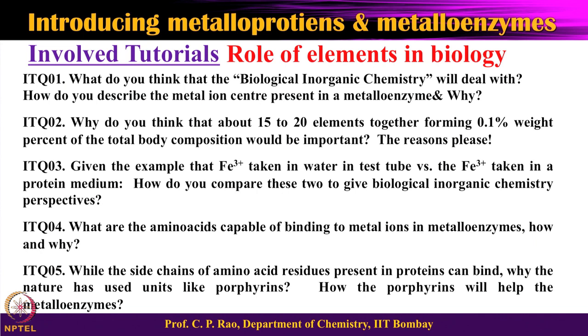Then over a period of time this will become an insoluble precipitate. As you know very well, the iron 3 plus gets hydrolyzed initially to hydroxide and later on to oxides, where the iron ions are bridged by the oxo species, etc., which are non-reactive. If you take the same thing and put the iron 3 plus into a protein or an enzyme, it will not allow the iron to form iron oxide.